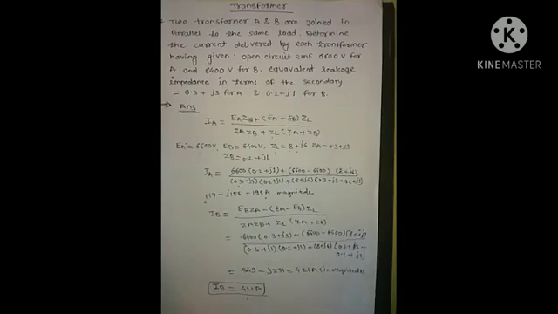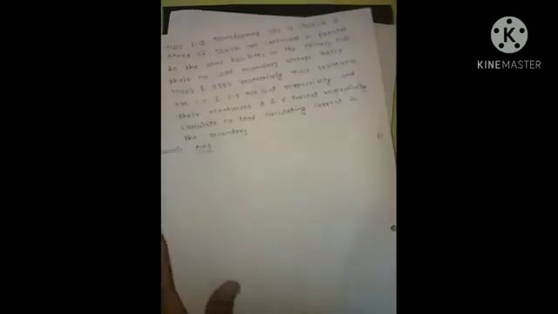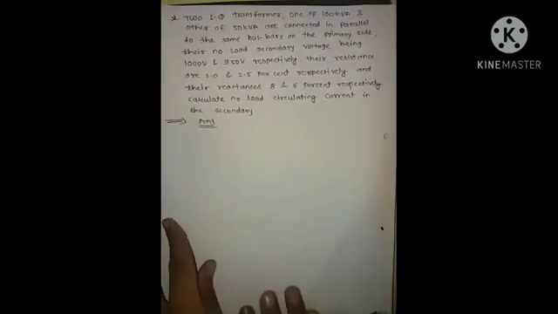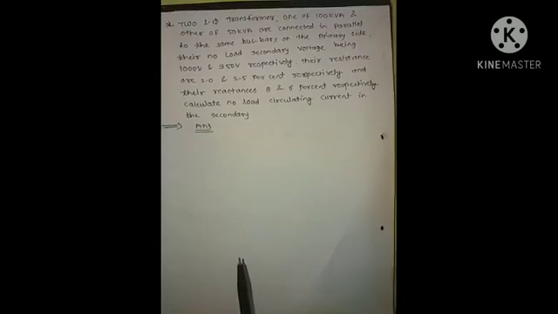Now we solve the next numerical. Two single phase transformers, one of 100 kVA and the other of 50 kVA, are connected in parallel to the same bus bar on the primary side.